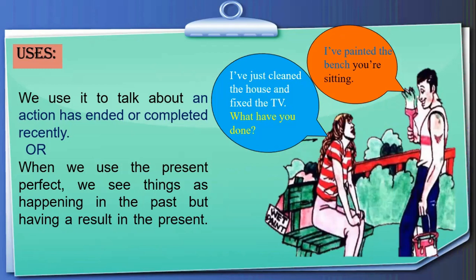It was very recent, her action, and she's still tired. And the man, he is still having brush and paint in his hand, and he says that I have painted the bench you are sitting on.